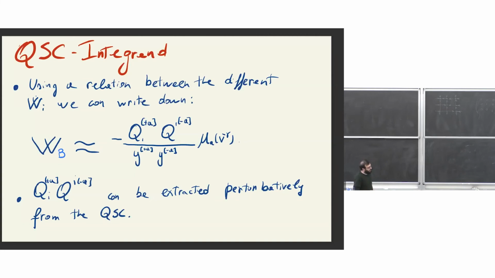So this is a finite object. I then need to know what the Q functions are. I can compute them perturbatively. I can go to whichever loop order I want, but this is the correct object to look at. It's not the one that I was having before, it is this. So this is the renormalized integrand, and this needs to be integrated over v, and then summed over all the possible bound states.